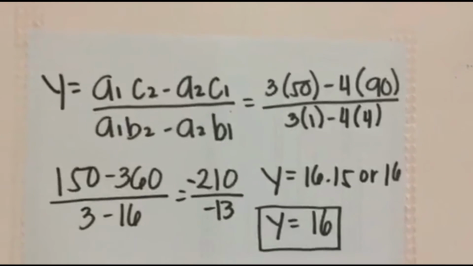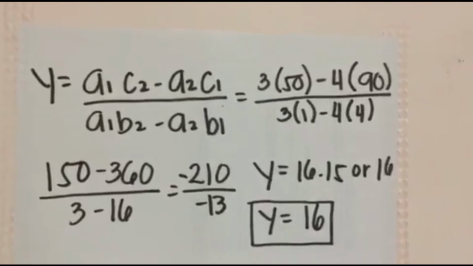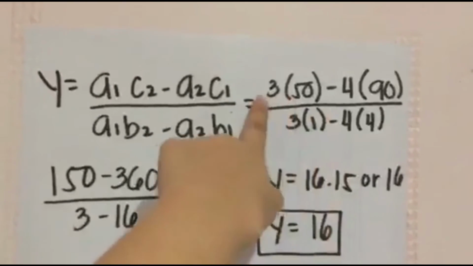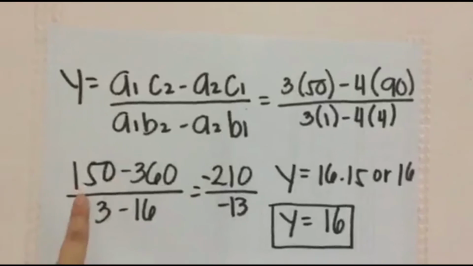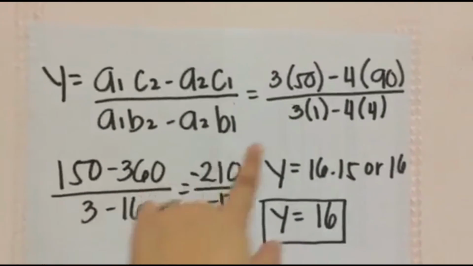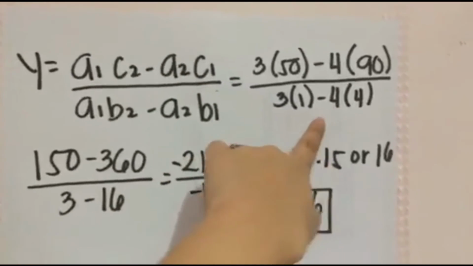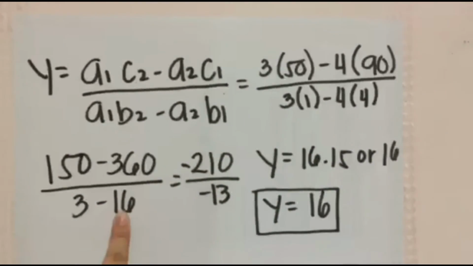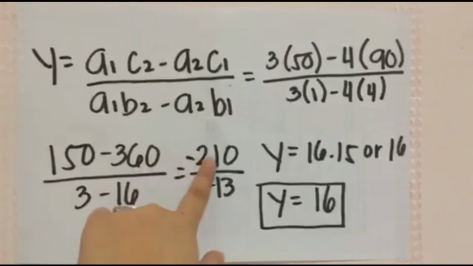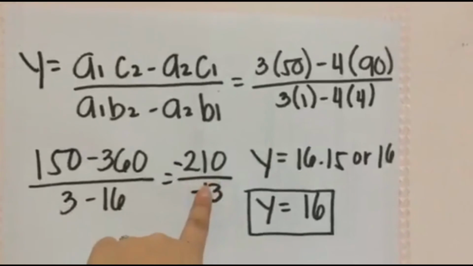So next is for y, A1 times C2 minus A2 times C1, over A1 times B2 minus A2 times B1. 3 times 50 equals 150. 4 times 90 equals 360. 3 times 1 equals 3. 4 times 4 equals 16. 150 minus 360 equals negative 210. 3 minus 16 equals negative 13.